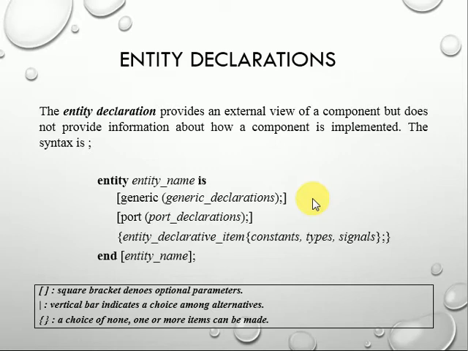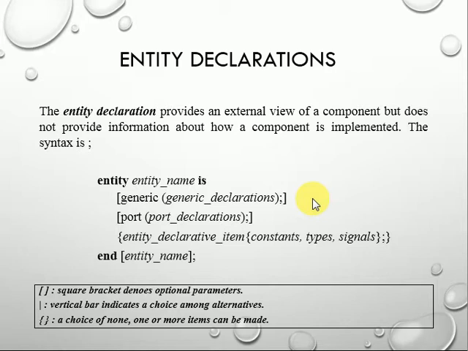Generic declarations are the global parameters. We will discuss this afterwards, but this is the format. After that we need to have the port declaration, and the third item is the entity declarative item, where we have constants, types and signals. So these three will be there.